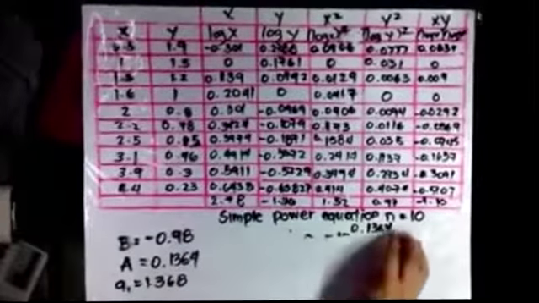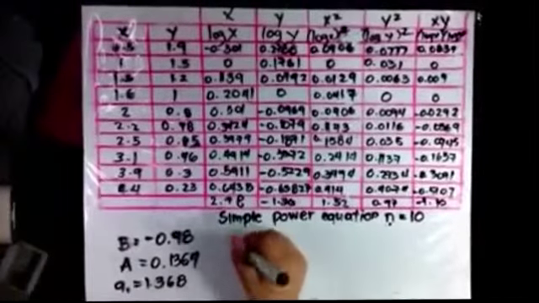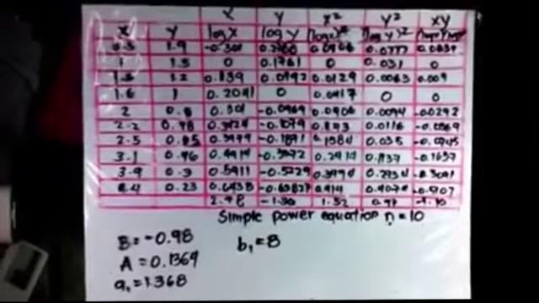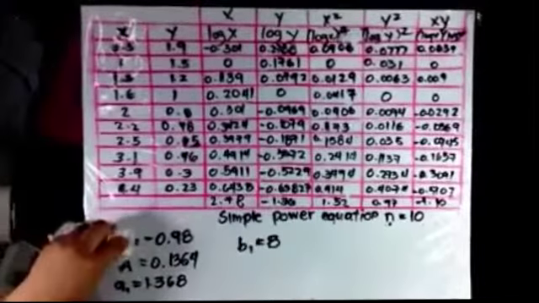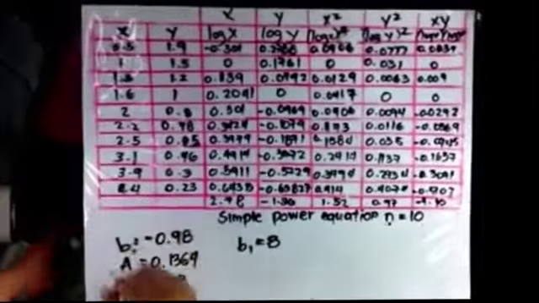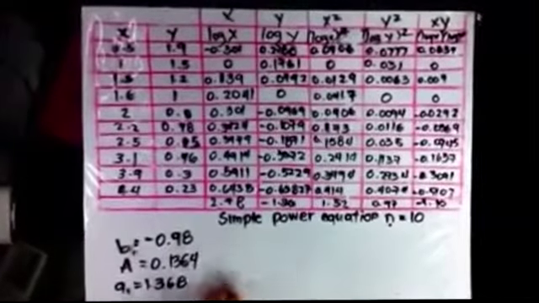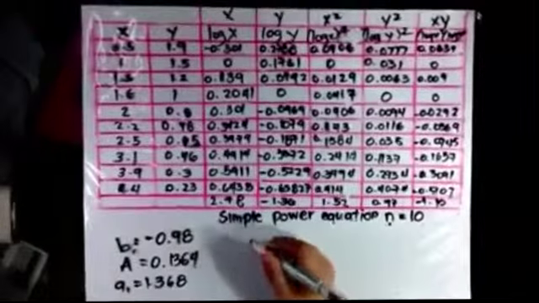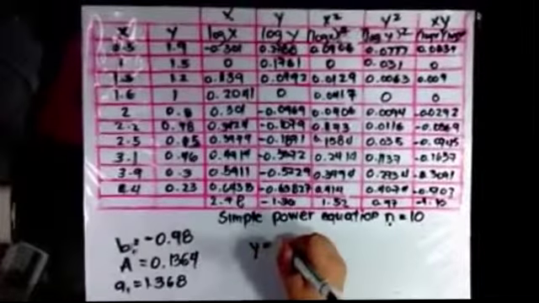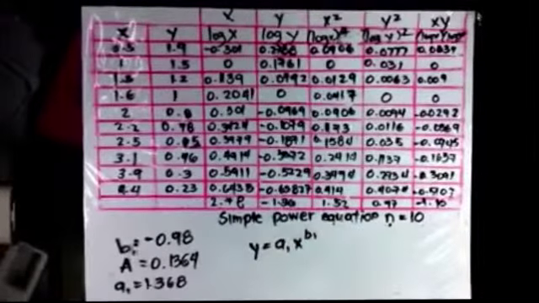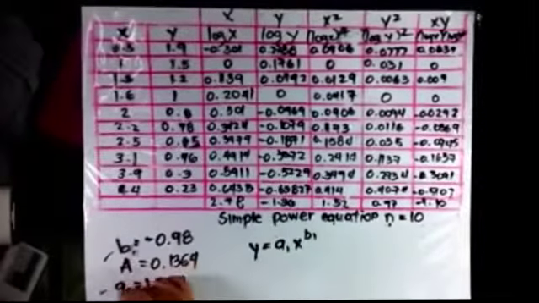Then for the value of B sub 1, we all know that it is equal to B. So we have now the B sub 1. Then for the simple power equation, we have y is equal to A sub 1 times x raised to B sub 1. Then substitute the value of B sub 1 and A sub 1.